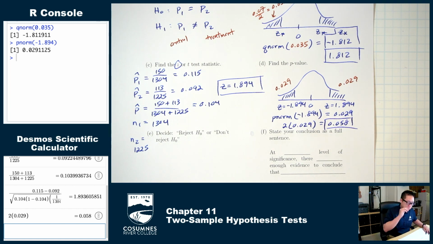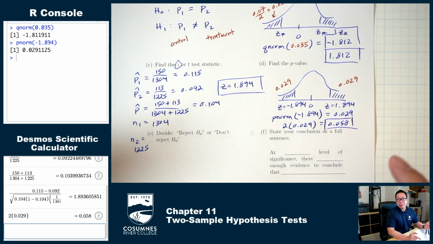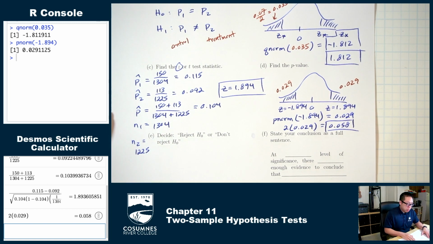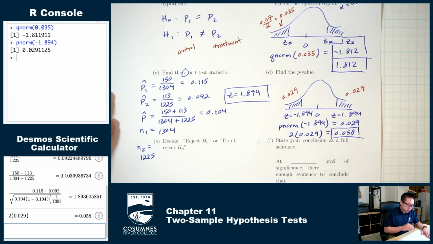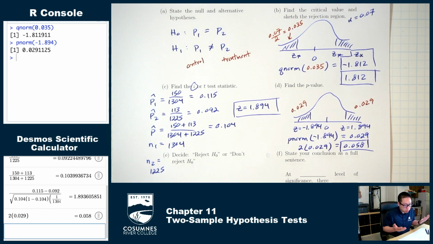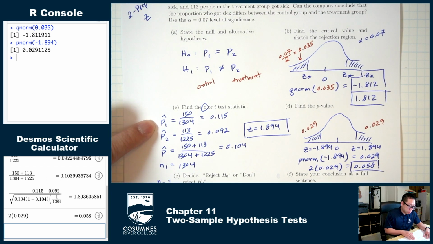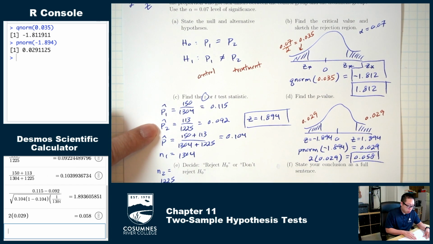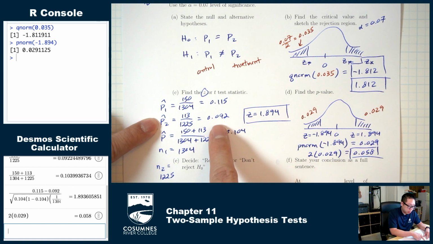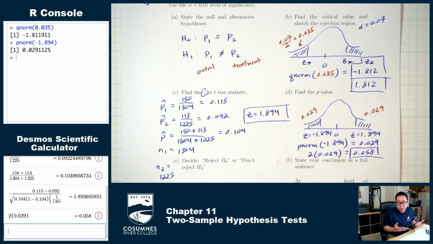Okay, so let's talk about what this p-value means in this situation. So we're trying to decide whether the two proportions are actually different. The P1, the control group, had a proportion of 0.115. The proportion for the second group, the treatment, is 0.092. So yes, they are different, but the question is, are they different enough to matter?